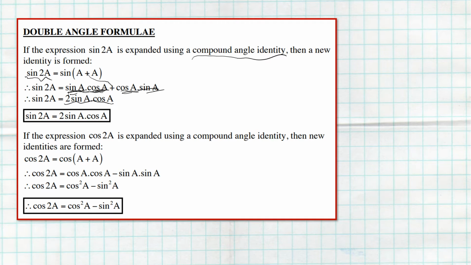This is what we call the double angle identities. If I have sine 2a, I can change it to 2 sine a cos a. That's the first double angle identity, the double angle for sine. For example, if I have sine 2x, we can change it to 2 sine x cos x.